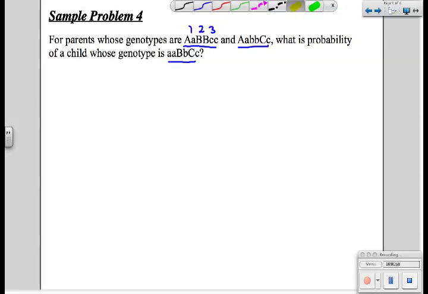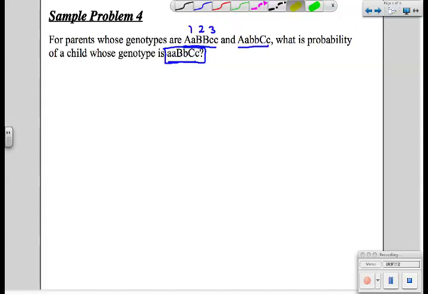Therefore, in order to figure out the total probability of ending up with a particular child, that total probability is equal to a multiplication of the probabilities of each independent trait.